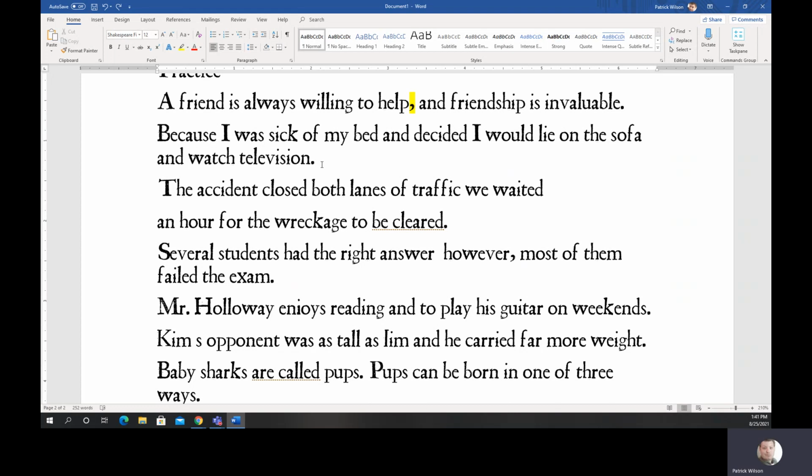So what you can do is put a comma, because usually when you have a dependent clause, there's going to be a comma if you're beginning your sentence with a dependent clause. So now we just need to come up with a complete sentence that would make this one make sense. So because I was sick on my bed and decided I would lie on the sofa and watch television, I eventually fell asleep.